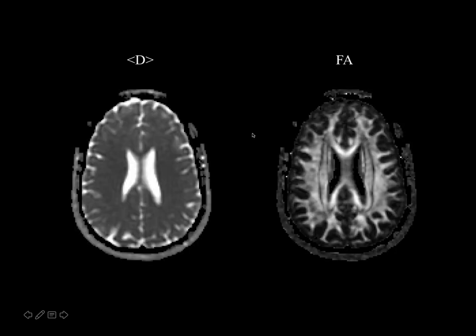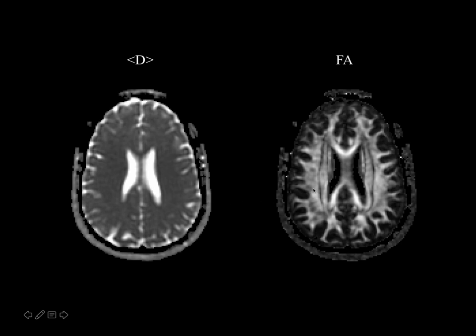And now if we look at an image of the fractional anisotropy, here the same slice, these are axial slices through the brain, so I have the mean diffusion coefficient. This more or less looks like the apparent diffusion coefficient because we've averaged out the directionality. And as I had said before, the white and gray matter have very similar diffusion coefficients, so you get a very homogeneous look to the brain.